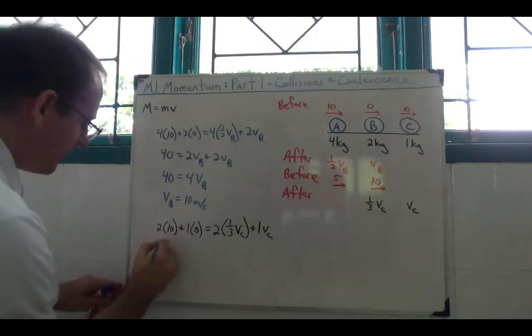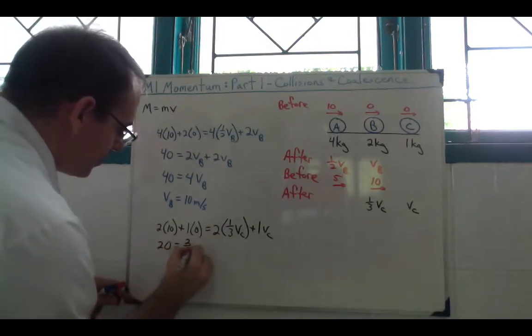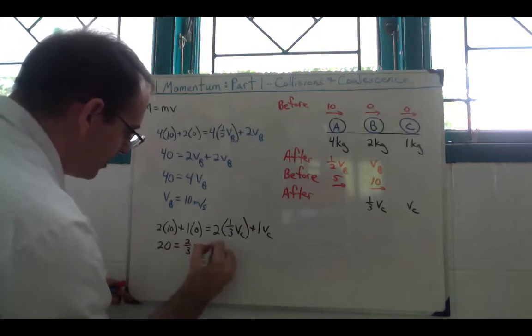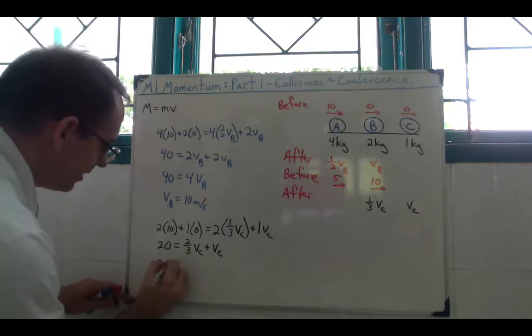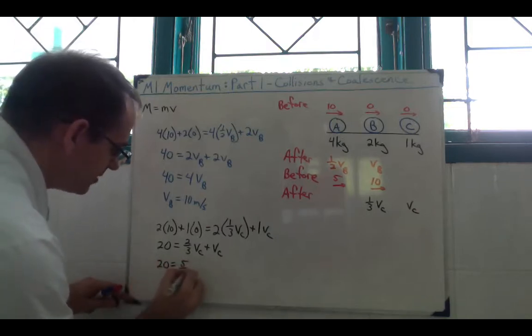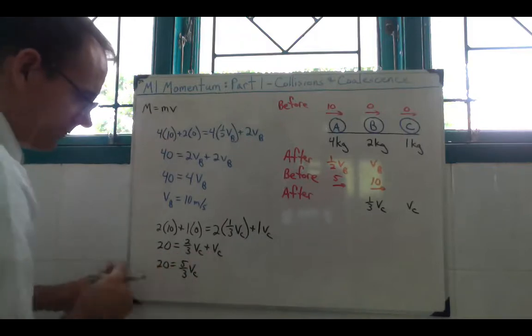So now we have 20 equals 2/3 velocity of C plus 1 velocity of C. So that's 20 equals 5/3 velocity of C. 2/3 plus 1 is 5/3.